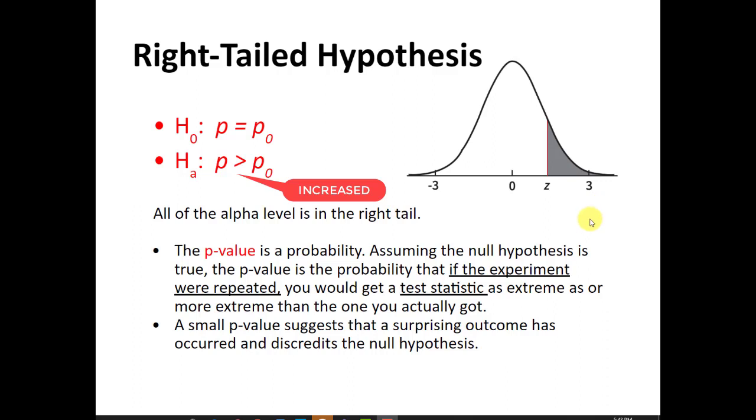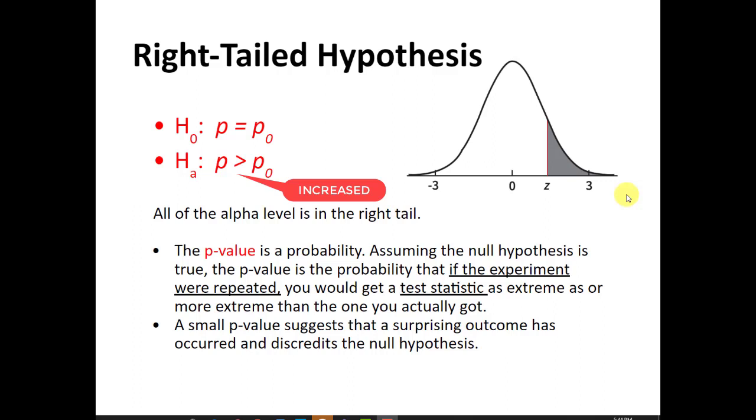It's the assumption that if the null hypothesis is true, the p-value is the probability that if you did this experiment again, you would get a Z obtained that is as extreme or more extreme than the one you got. So it would be at least that Z statistic, or because this is a right one-tailed hypothesis, it would be one that's even greater. The smaller the p-value, the smaller the probability.